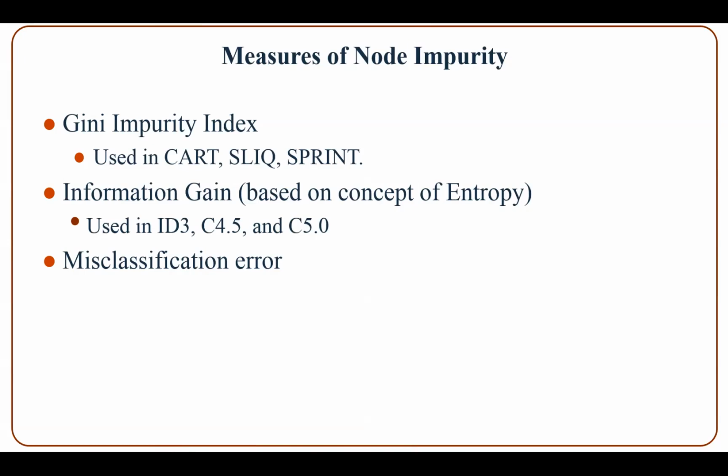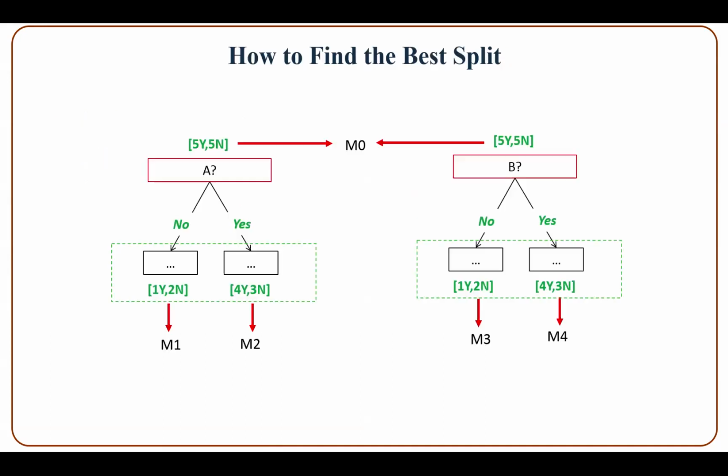These are the measures of node impurity, including Gini impurity index used in CART, SLIQ, and SPRINT, information gain based on the concept of entropy used in ID3, C4.5, and C5.0, and misclassification error. How to find the best split?